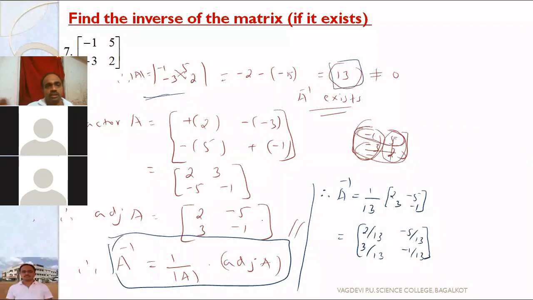If there's any doubt, you can ask. You can raise your hand. You can raise the hand if there is any doubt. If there is no doubt, I'll go to the next question. Clear? If it is clear, write clear in the chat box. Okay, 3 people are asking doubt.